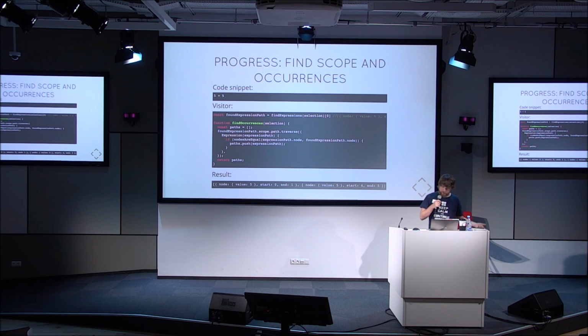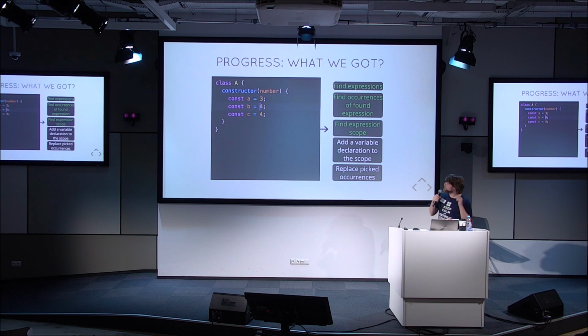Then we can find all the occurrences by picking the 5 we just found and getting its scope, traversing through it and finding all the other expressions that are equal to this one, which gives us an array of expressions with the same type. And then we have the first 3 steps that we needed to extract the variables in our code.